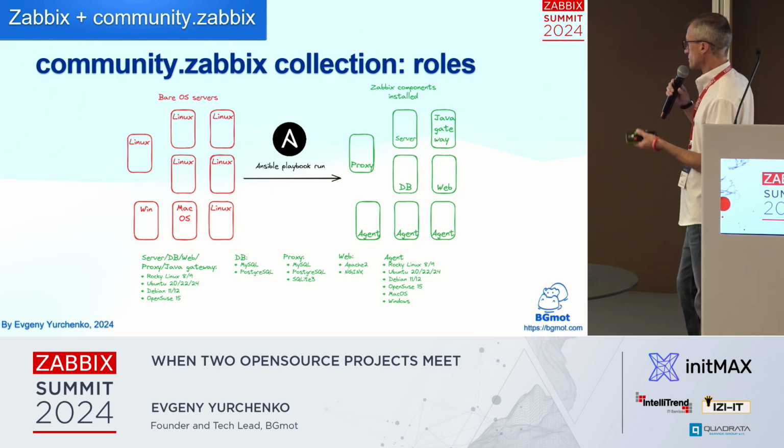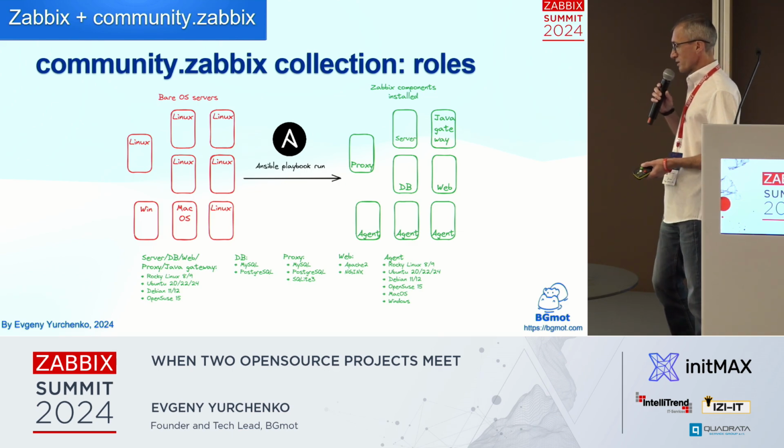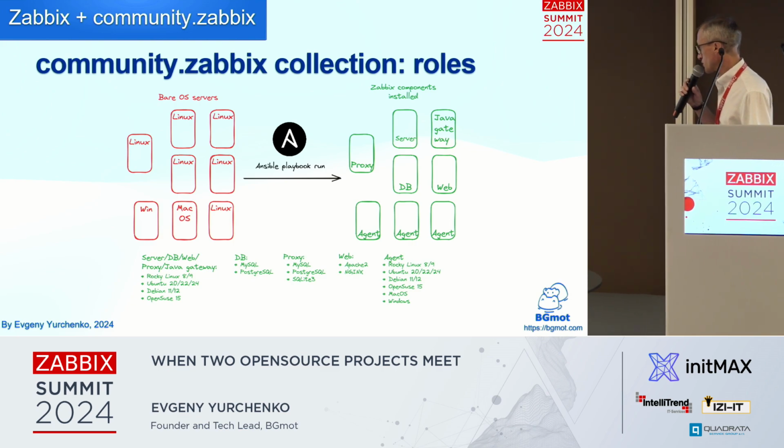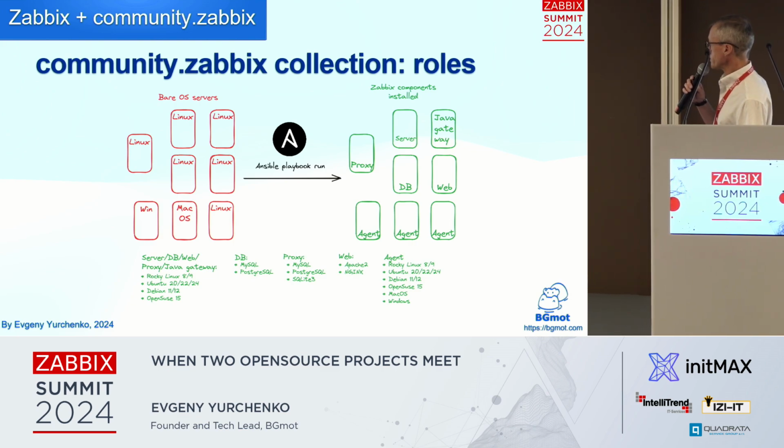Server, database, proxy, web, agents, for all possible operating systems. MySQL, PostgreSQL. Proxy, again MySQL, Postgres, SQLite. Web interface, Apache, Nginx. Basically, whatever is available from Zabbix, you can do using the Ansible collection in an automated way.